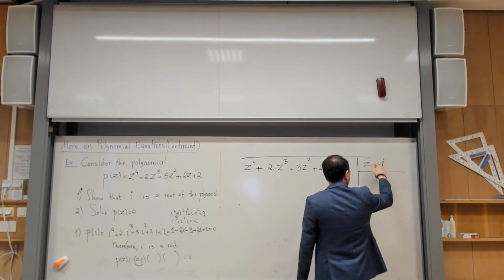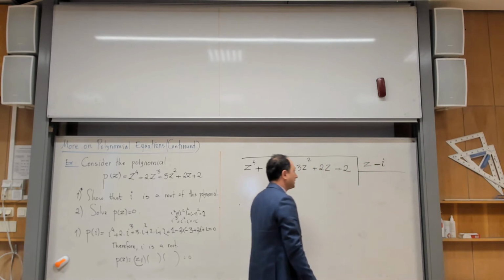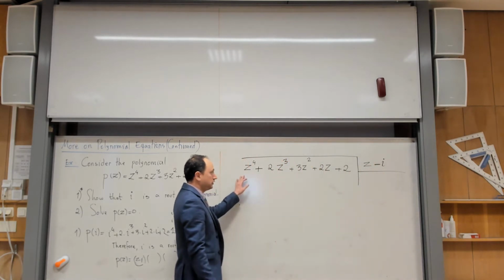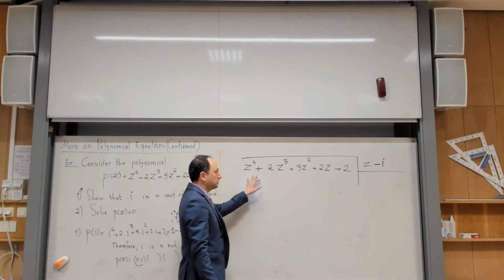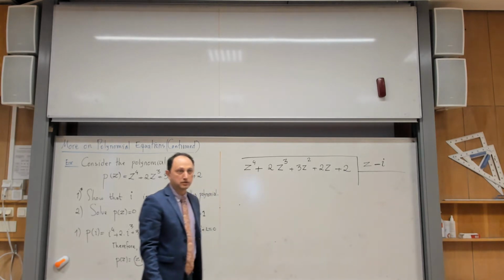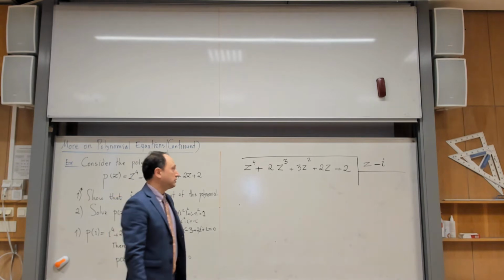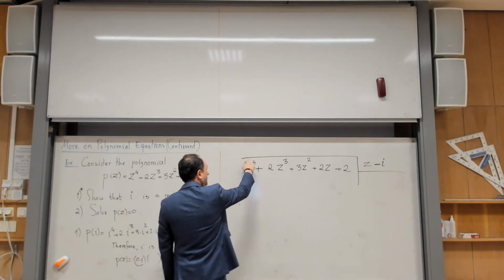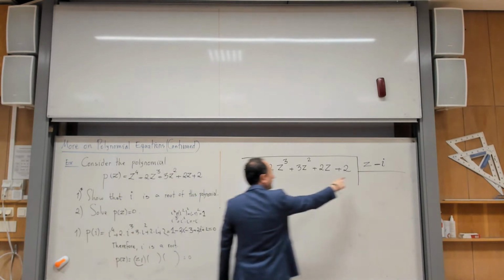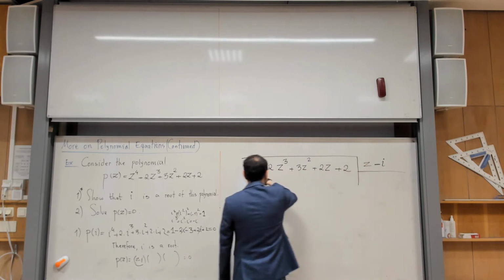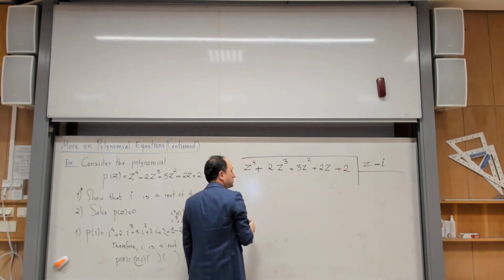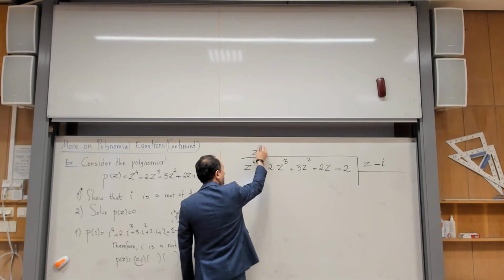But this becomes rather technical because you have to be careful about how you treat imaginary numbers. This is the first time that we are doing the long division for complex numbers. Okay? So what you do, you take the first one and the first one here, you divide this one by that one, it becomes z to the power 3, and you write it up there.